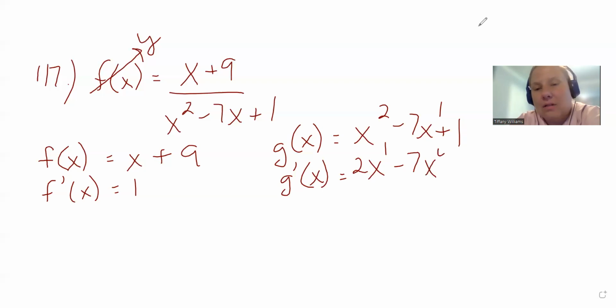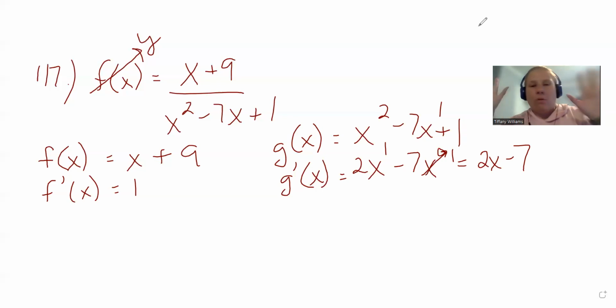And then we've got x to the 0. Of course, x to the 0 is going to be 1. And then finally, we take the derivative of 1. The derivative of 1 is 0. So we find out that the derivative of g of x is actually 2x minus 7, because the x to the 0 goes to 1.